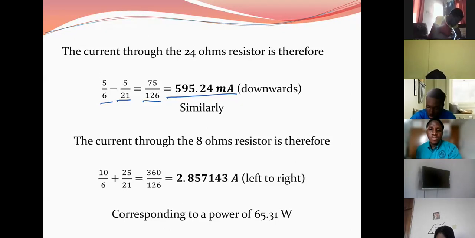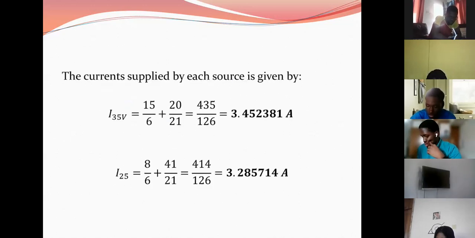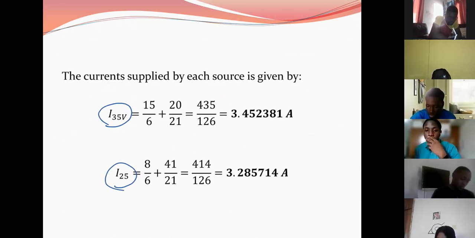All right, so what I needed to do, so now you have the currents through all the resistors. You have for the 8, the 24, the 6, good. You also have through the sources, which of course would be the same current that's going through the resistors in those branches. So you have the currents through all the circuit. What I want you to do as an activity is to do the power balance.